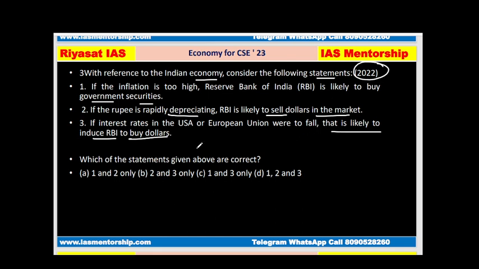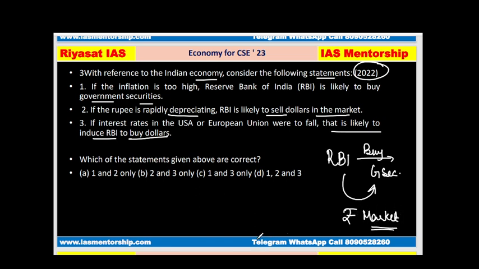See, first statement, if inflation is too high, RBI will buy G securities. अगर RBI buy कर लेगी G securities को, इसका मतलब कि खरीद रही है. खरीदना तो मतलब कि it is giving money to the market. पैसा मार्केट में डाल रही है तभी तो buy.